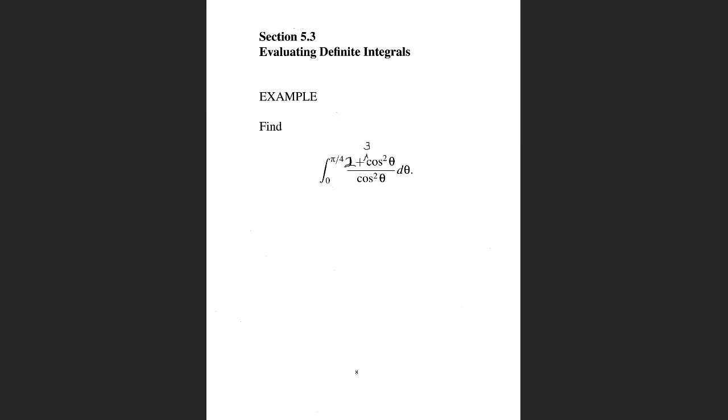Okay, so we are finding the definite integral from 0 to pi over 4 of, well, the integrand is this part. This is called your integrand. And the integrand is 2 plus 3 times cosine squared of theta divided by cosine squared theta.